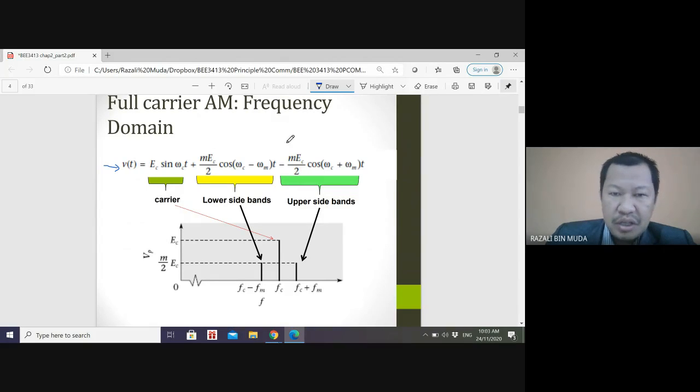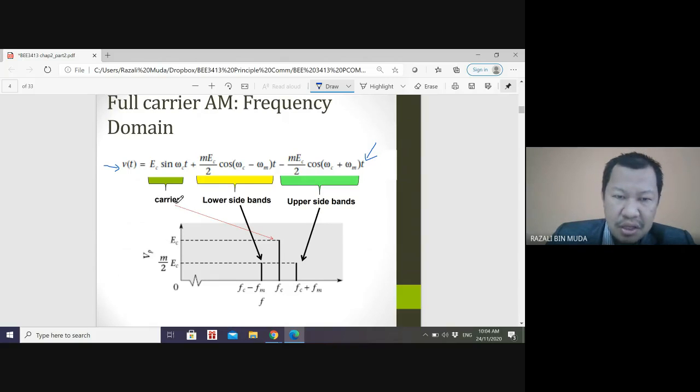So this signal in time domain can be represented in terms of frequency domain, where the magnitude of the signal and the frequency component of this signal are taken from the equation and plotted in frequency domain.